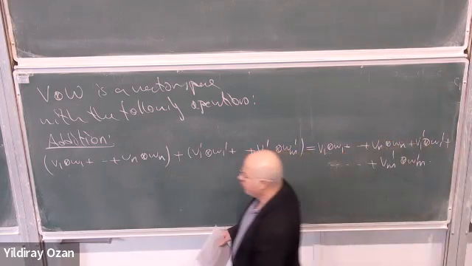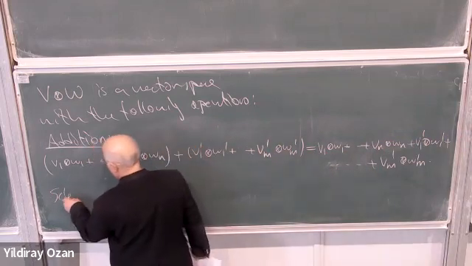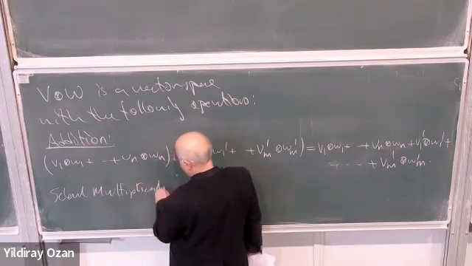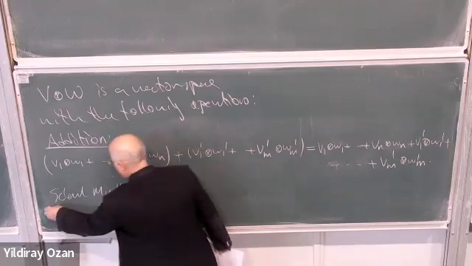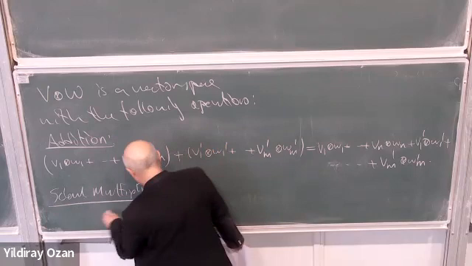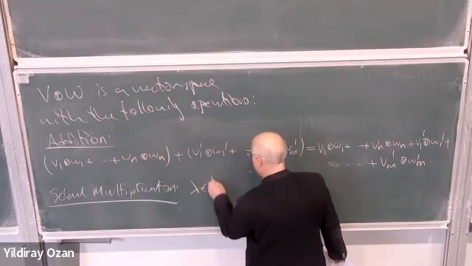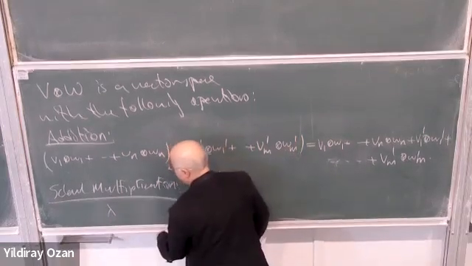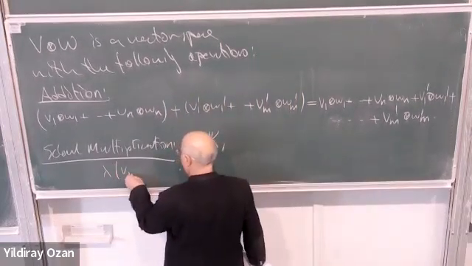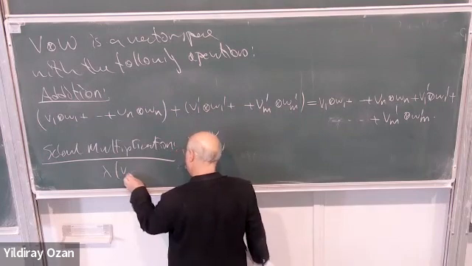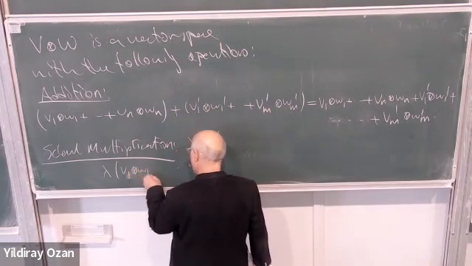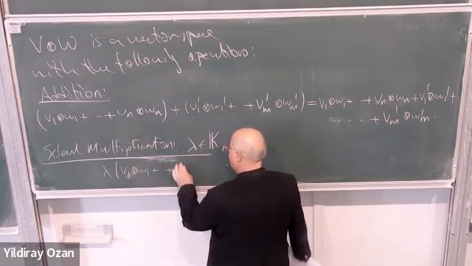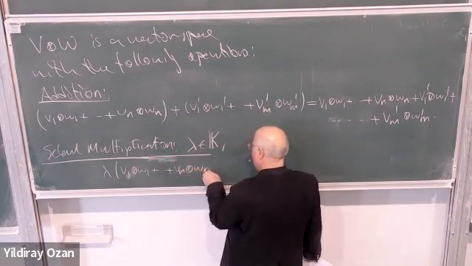What about scalar multiplication? If I take a scalar, then lambda times V1 tensor W1, up to Vn tensor Wn.